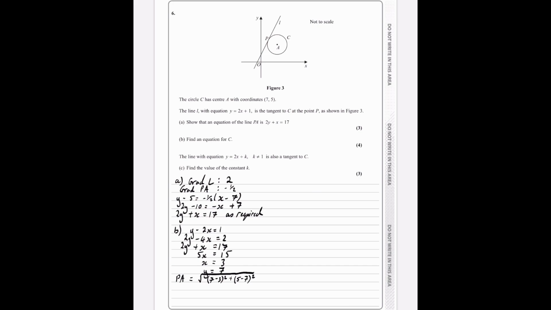You could simplify that if you want to 2 root 5. I haven't here because we're about to square it in a second anyway. And so the equation for C, x minus a squared plus y minus b squared equals r squared for any circles. So in this case, x minus 7 squared plus y minus 5 squared equals 20. Square root of 20 squared is, of course, 20.